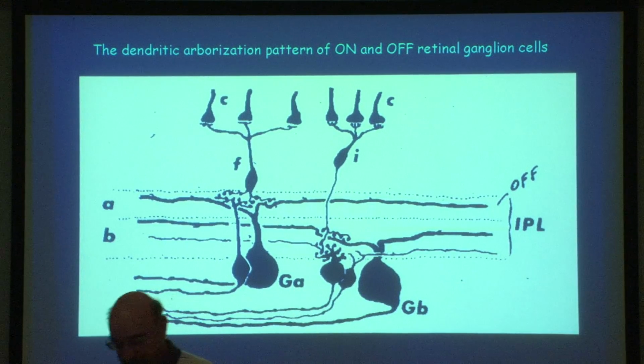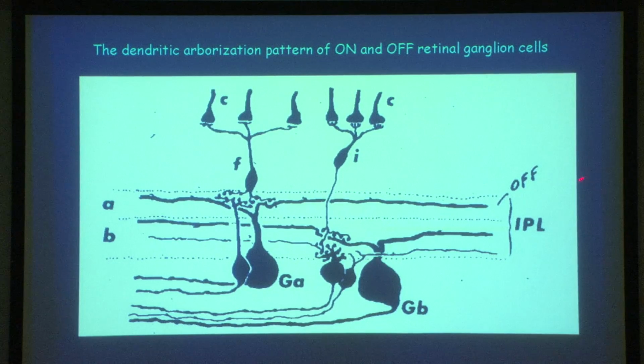And in fact, what you can do here is, when you look at it head-on like that, you can focus either in sublamina A or sublamina B, and if you do that, since we have gotten these results, you know that whatever focuses into sublamina A would be off cells, and whatever comes into focus, the dendritic arbors that come into focus in B, would be the on cells.